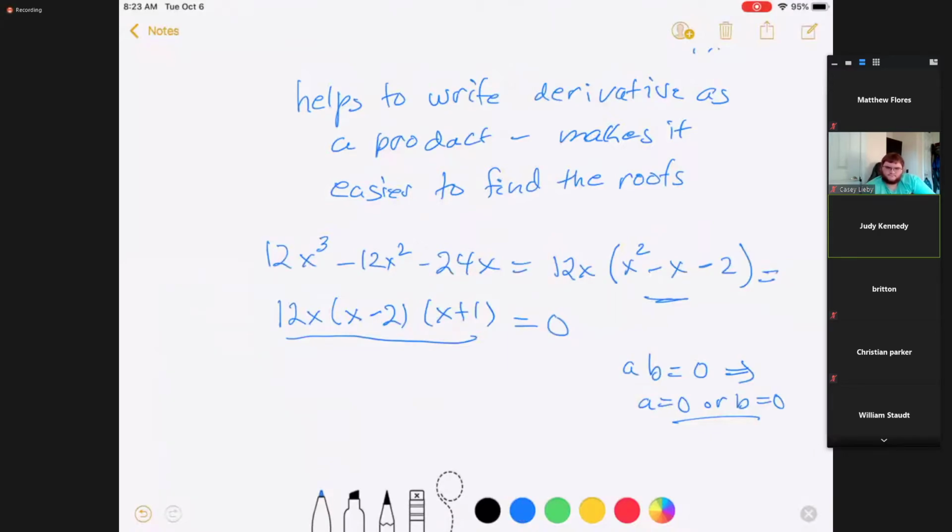From the first factor, the 12x, I get x is equal to 0. From x minus 2 equals 0, I get x equal to 2. And from x plus 1 equal to 0, I get x equal to minus 1. So I've got 3 places where the derivative is 0.